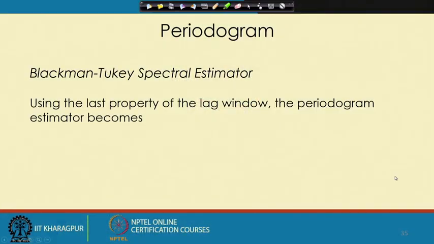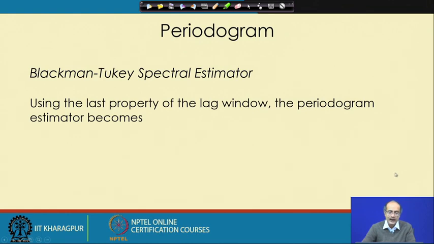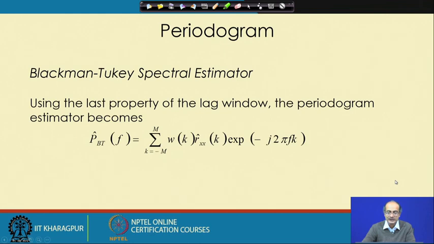Now, let us move forward. Using the last property of this window, the periodogram estimate gets a new form, where instead of taking the lags from minus n plus 1 to n minus 1, we restrict it from minus m to plus m, using a smaller number of lags.